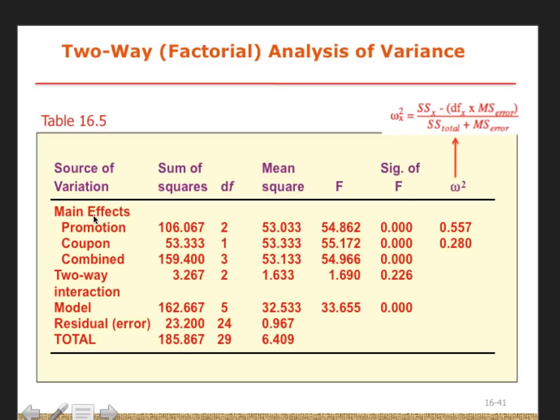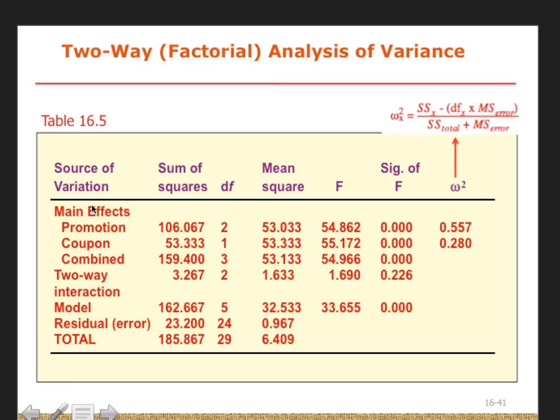So the main effect is the independent effect of each individual independent variable. So we have promotion, which we see here, the F statistic and the significance level of 0.000, which is less than our significance level of 0.05. Therefore, we reject the null hypothesis, and we conclude that promotion does affect sales.